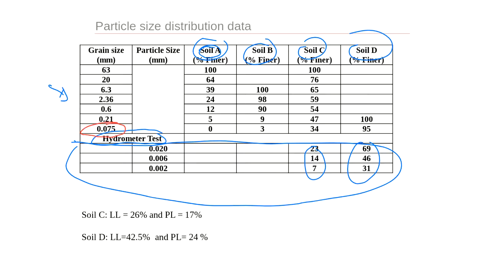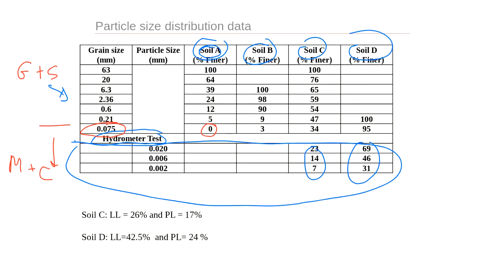So everything above this is going to be gravel plus sand. Everything that goes down is going to be silt plus clay. If we say finer, it means there is soil which is finer or smaller than this size, 0.075. In this case, we see that 0% is finer than 0.075, which means no soil is finer than this.